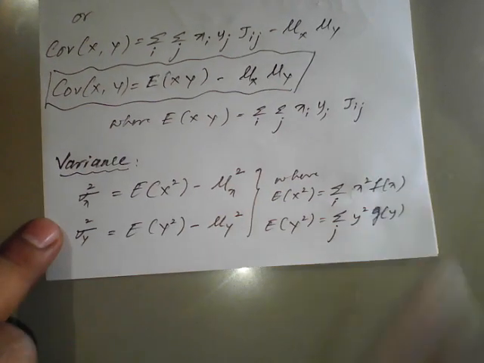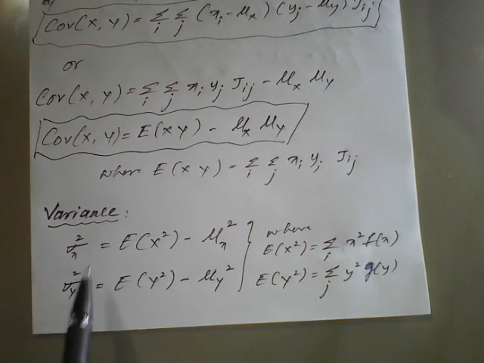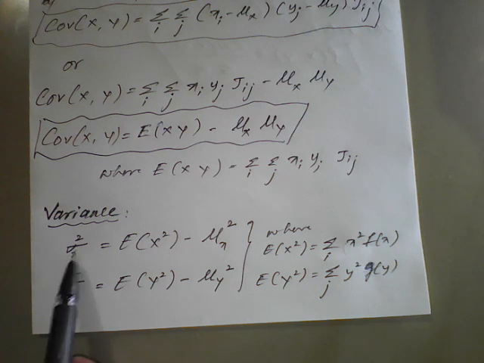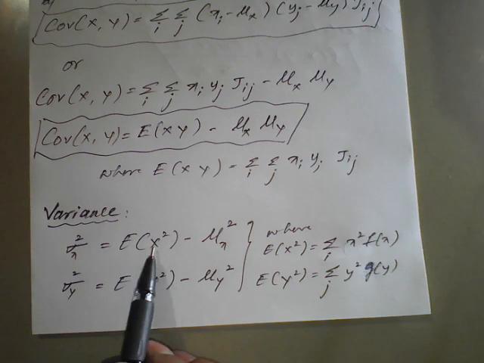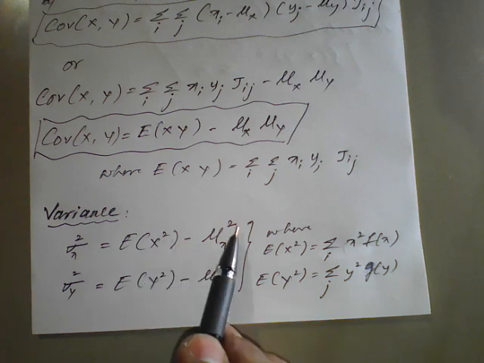Similarly the variance formula is given by, symbolically, the square of the standard deviation, that is sigma of x squared, denoted also by V of x or rho x squared, which is nothing but the expectation of capital X squared minus mu x squared.